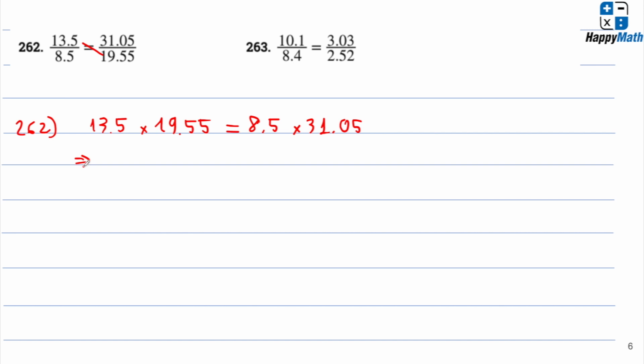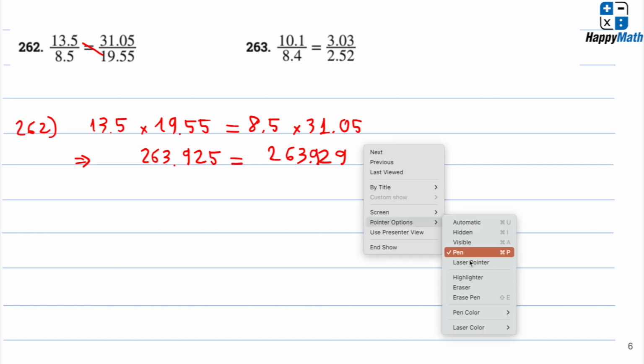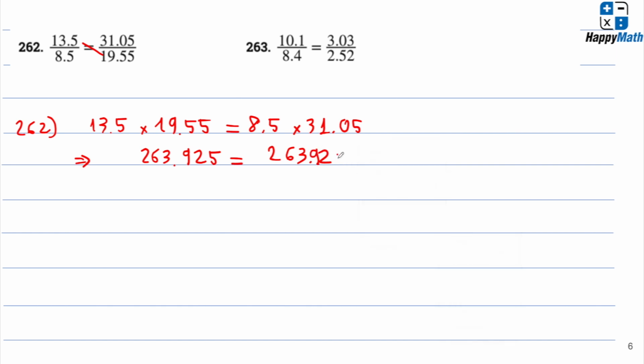You got 263.925, and for the right-hand side, 8.5 multiply 31.05, 263.925. Yes, okay, so this question is yes.